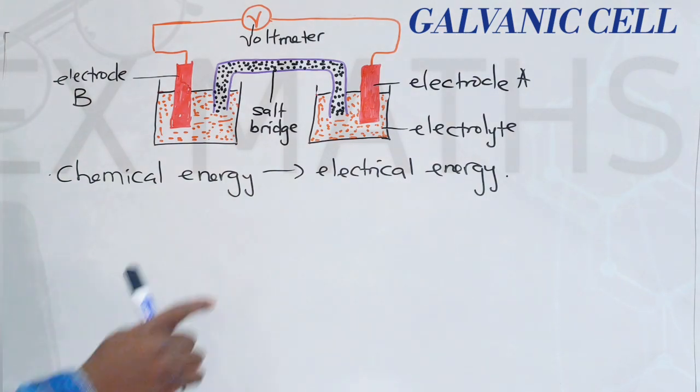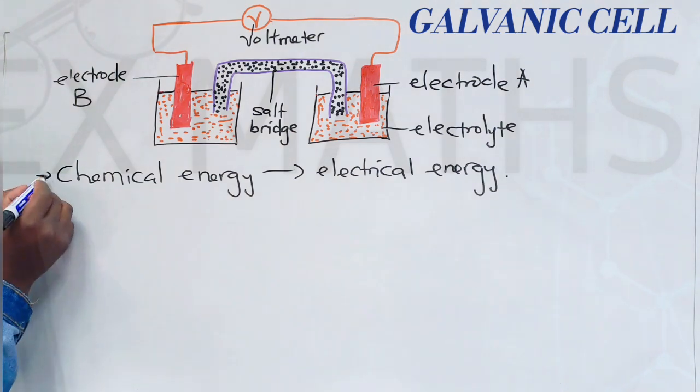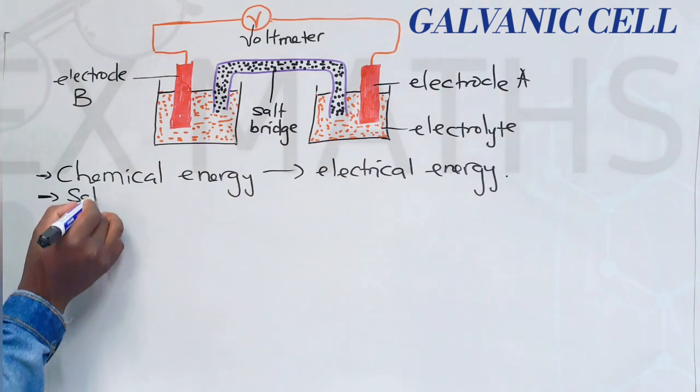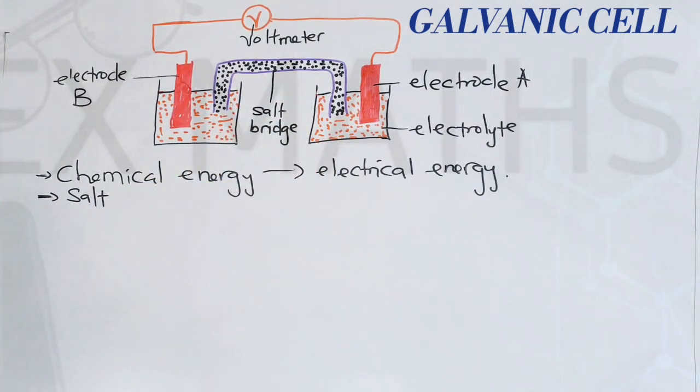So we have this salt bridge that I have marked in. So I want to see what are the uses of the salt bridge. The salt bridge balances the electrical neutrality inside the cell, or it completes the circuit.